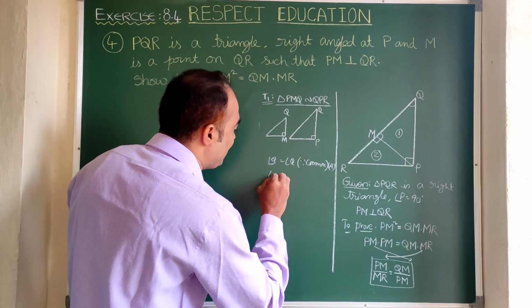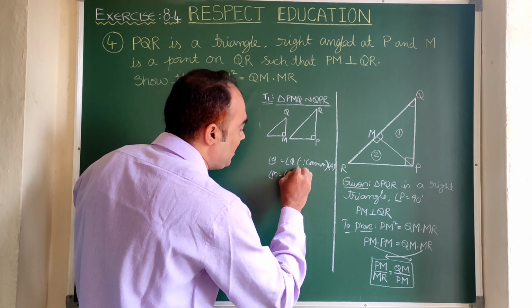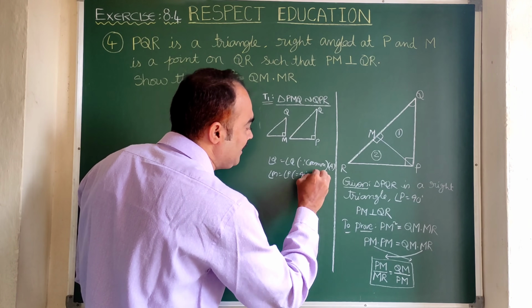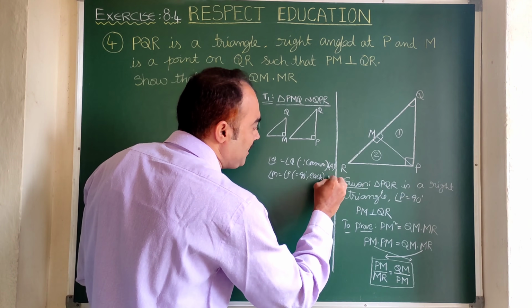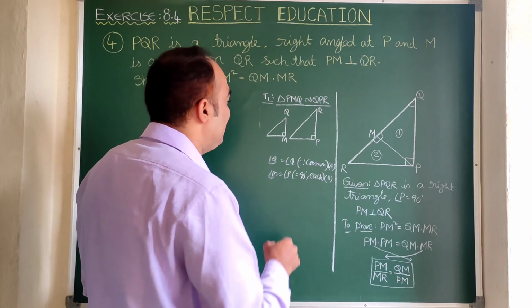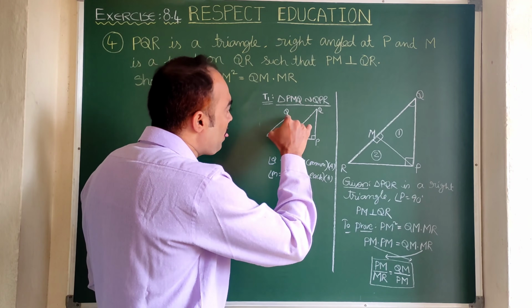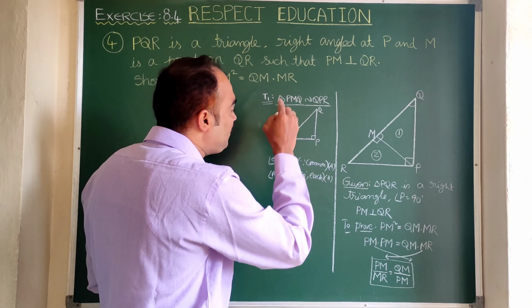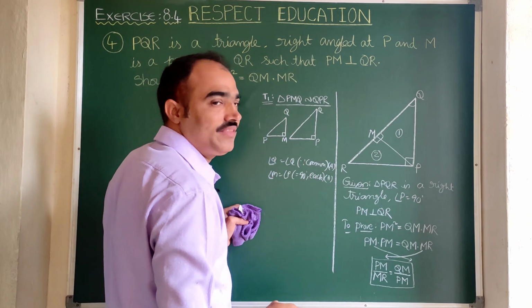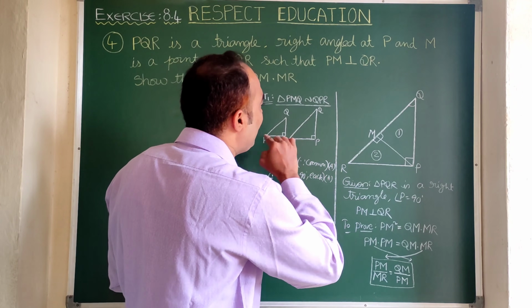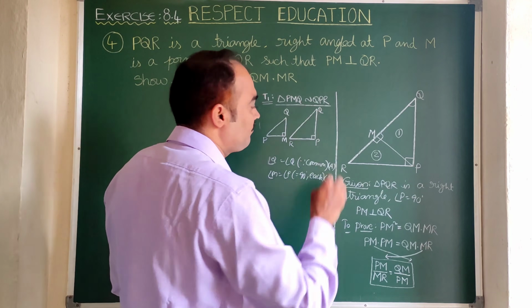So let us mention that angle M is equal to angle P is equal to 90 degrees each. This can be taken as another pair of angles. Here in PMQ, Q and M are given places where P is not given, so let us write P here. In the same way in QPR, here we can write R, right?